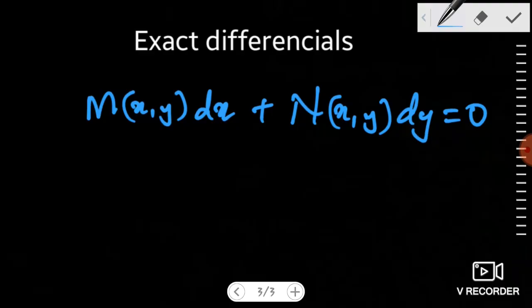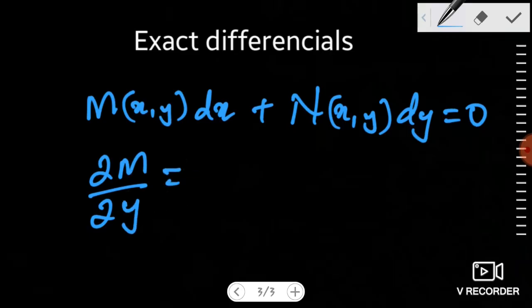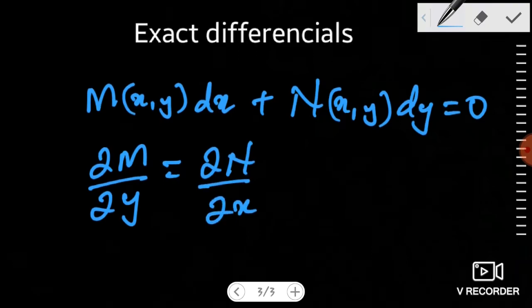Now the partial derivative of M with respect to y should equal the partial derivative of N with respect to x, right? If they are not equal, that means that the differential is not exact.